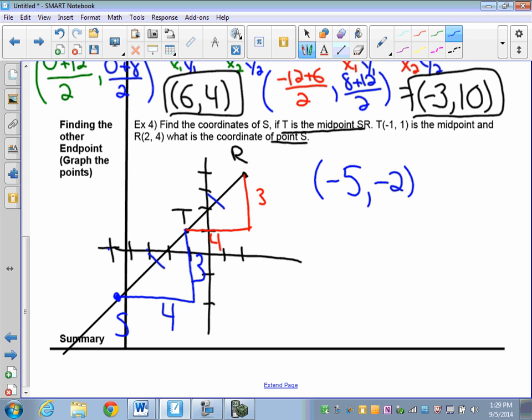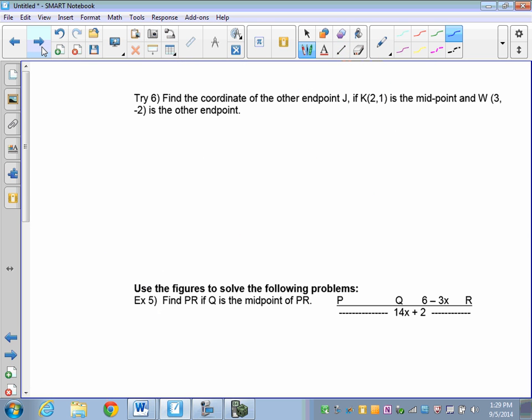Let's do another example, example 5. Or sorry, it's actually Try 6 on your paper. You may need to use another sheet of paper because this takes up a lot of space. So again, we're given K is 2, 1. That's the midpoint.